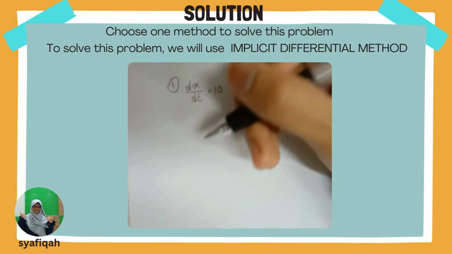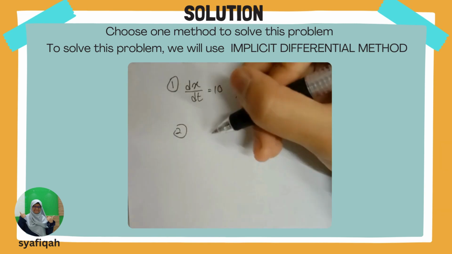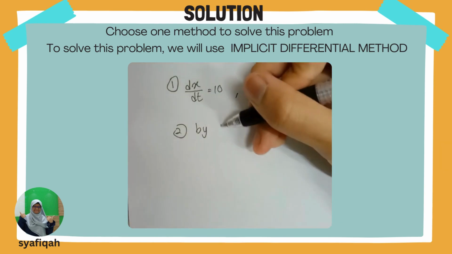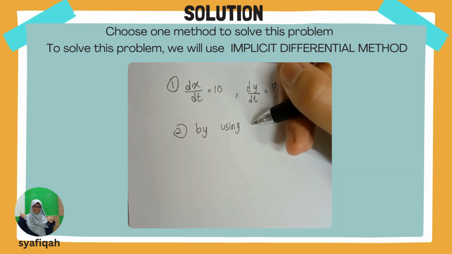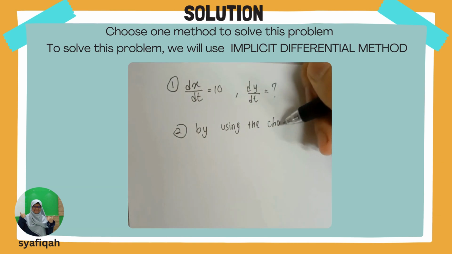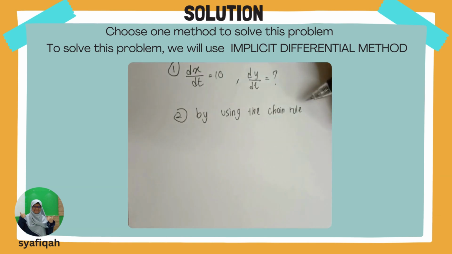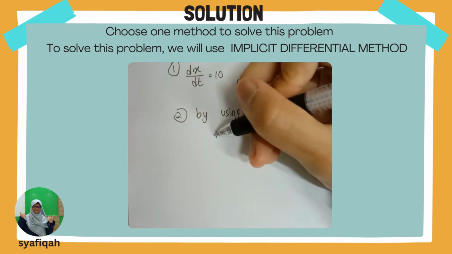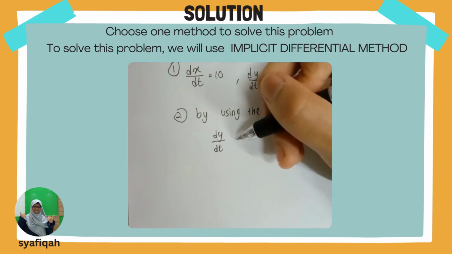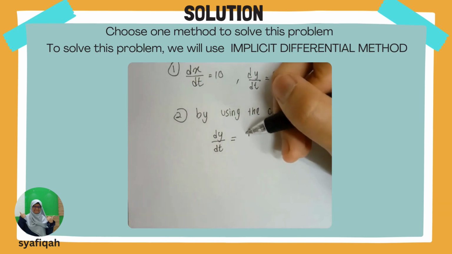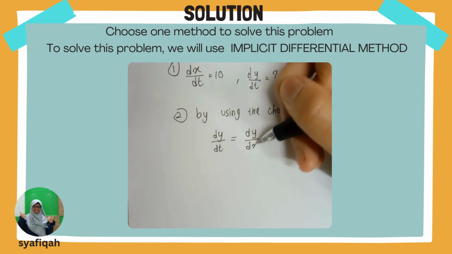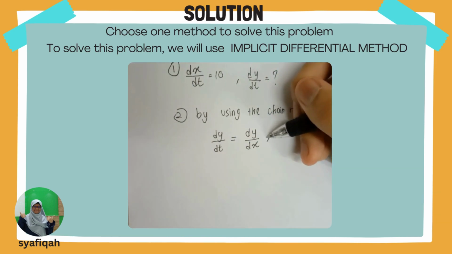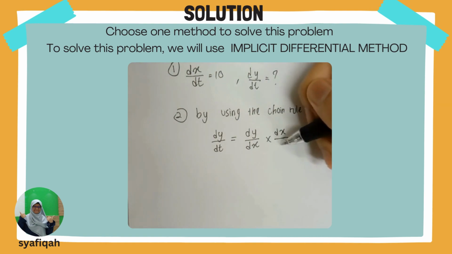So we need to use the chain rule method to find dy over dt, which is dy over dt equals dy over dx multiplied by dx over dt.